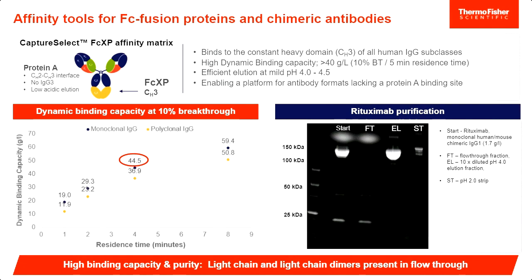It's also a good choice for IgG purification from complex sources like biological fluids, plasma, and such. It has a high dynamic binding capacity, and it's available in both agarose and polystyrene DVB backbone. So there are different options you can evaluate depending on the nature of your feed material, as well as the plans that you have for scale up.